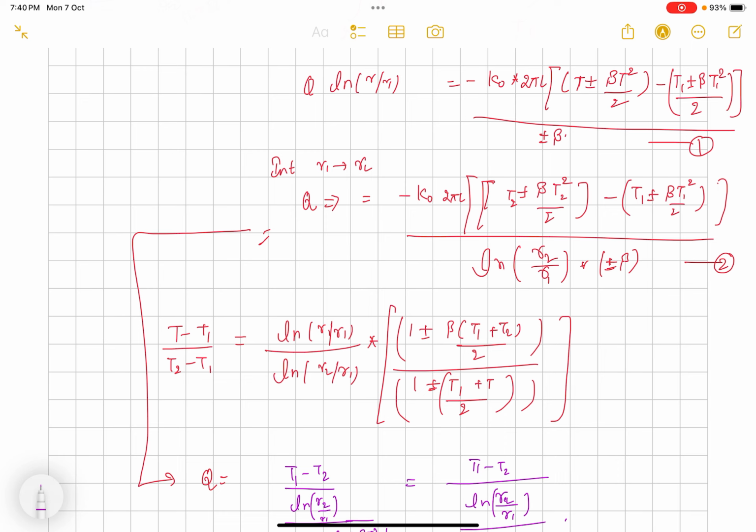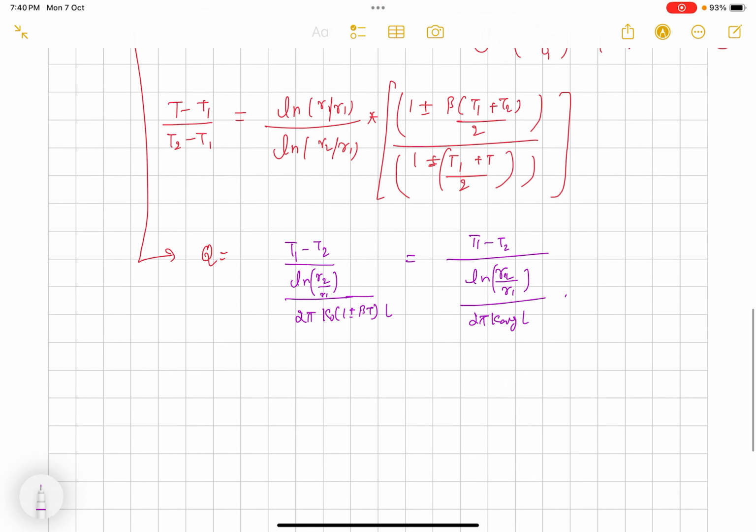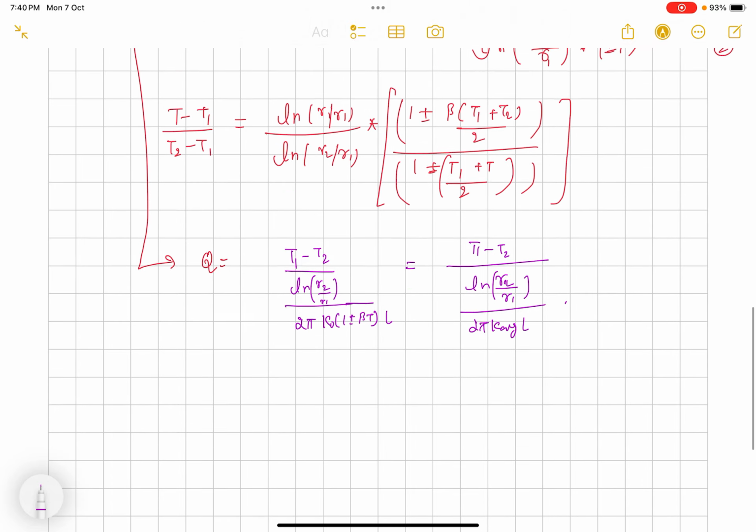If you find any difficulty, you can ask me, and I will clarify how this has been derived.